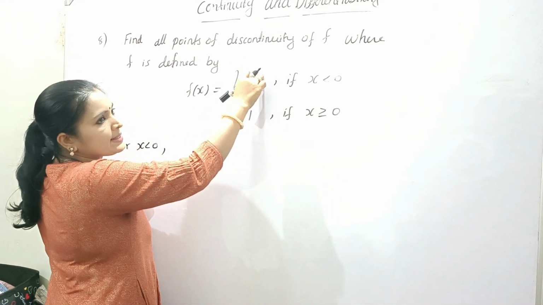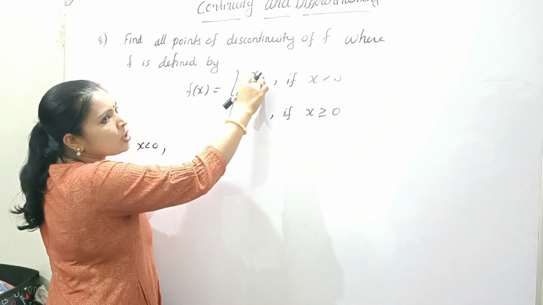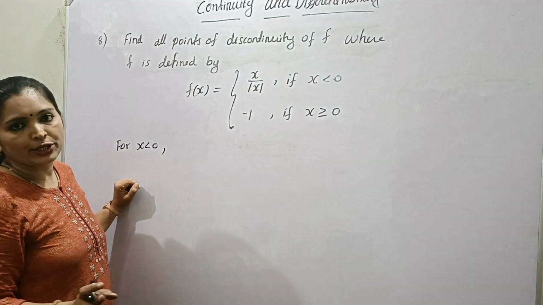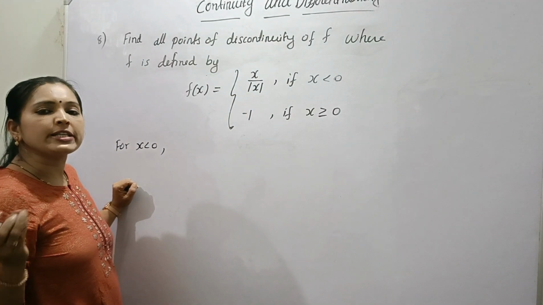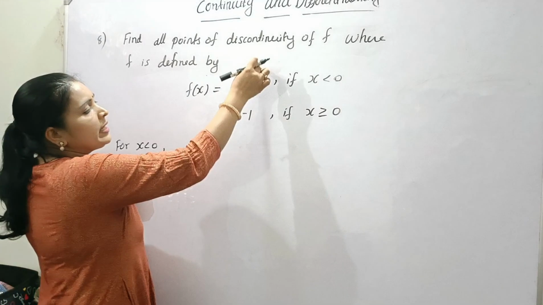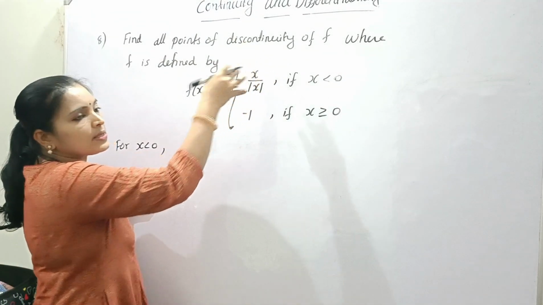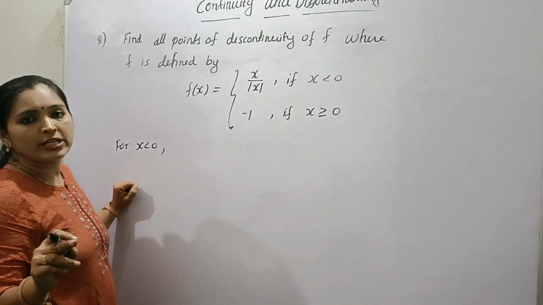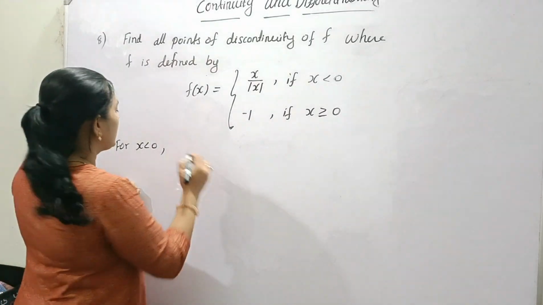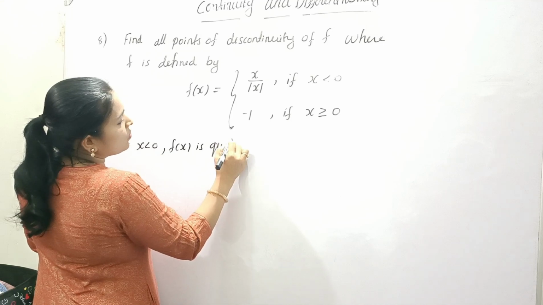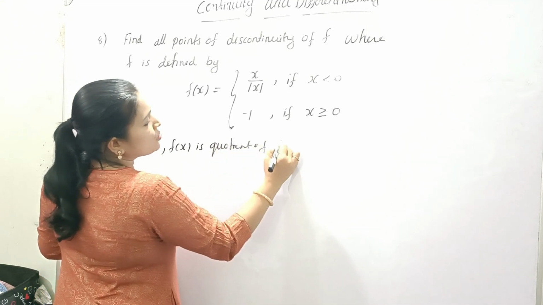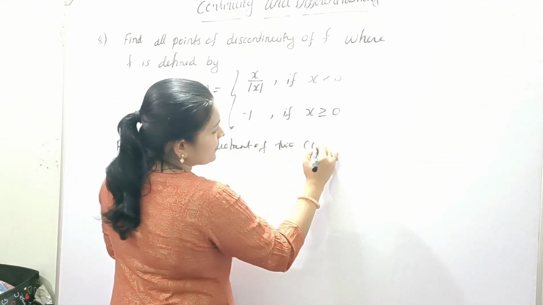Otherwise, we can say in another way, for x less than 0, here we know that x is a continuous function, right? Because x is a polynomial function and it is continuous. Modulus function, we have already proved that the modulus function is a continuous function, right? So f of x is a quotient of two continuous functions.